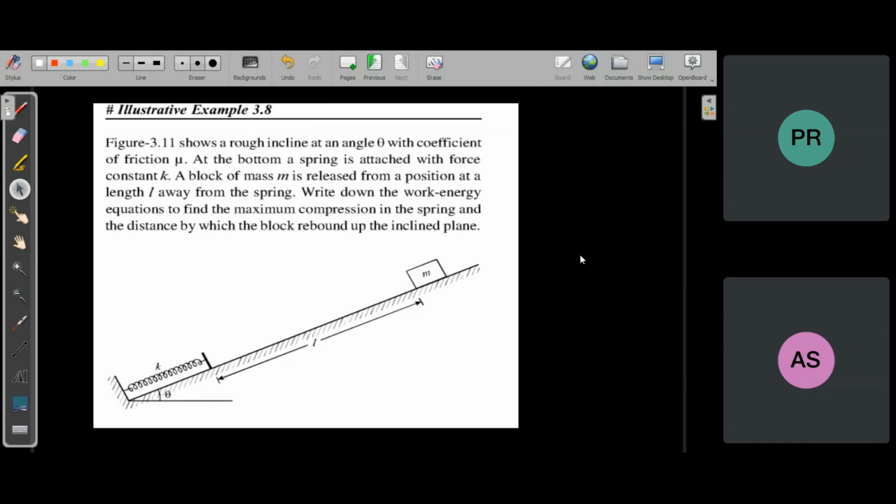You can ask your doubts. Are you doing it?